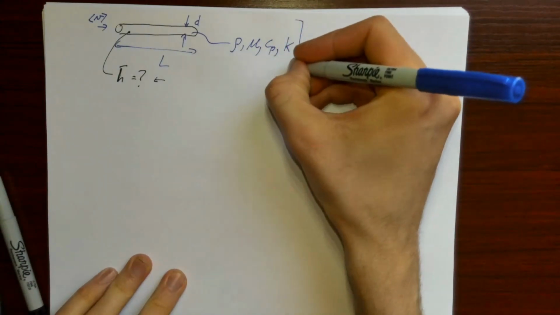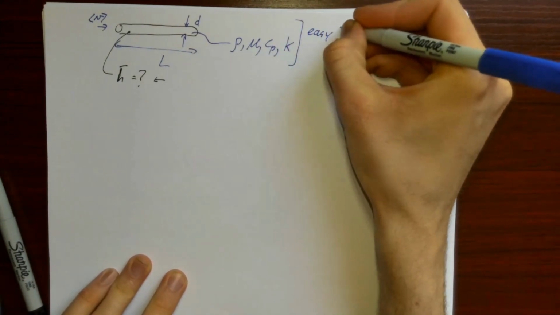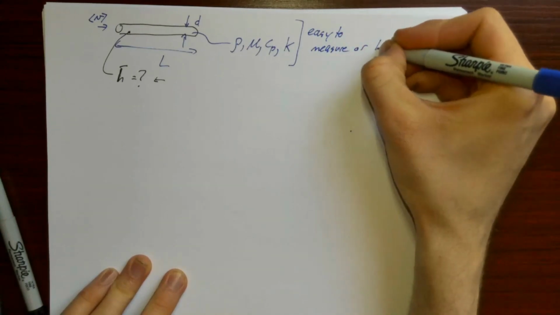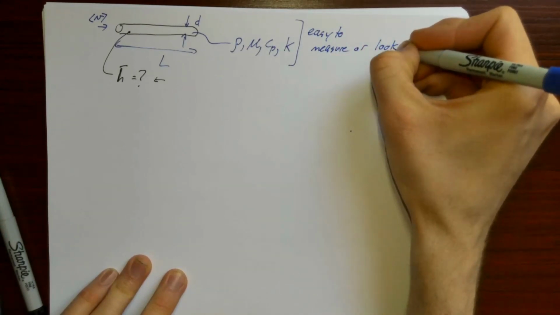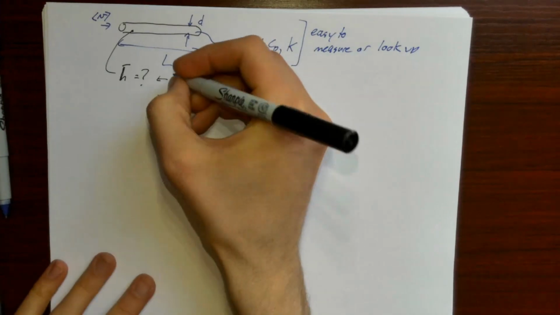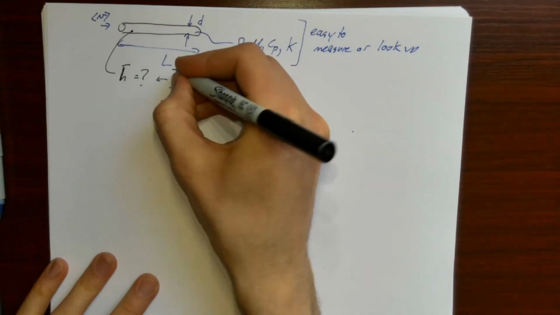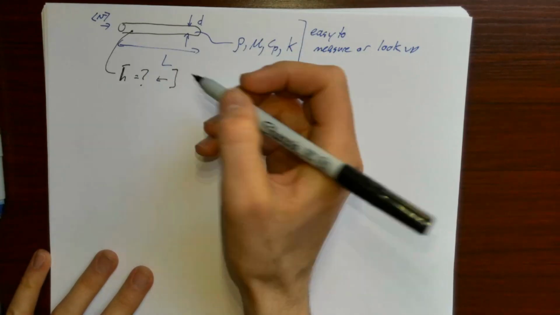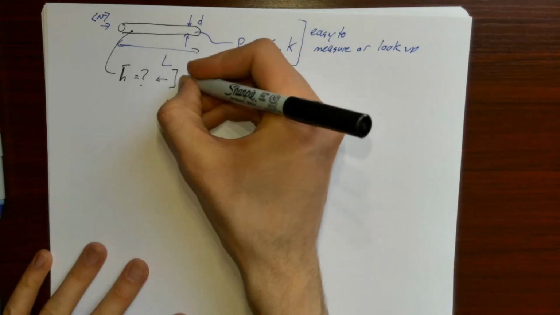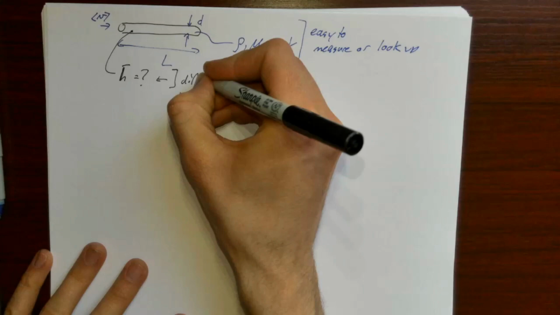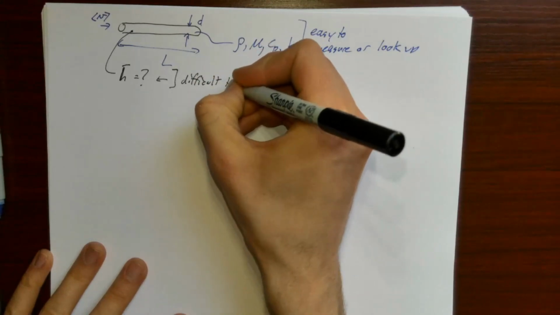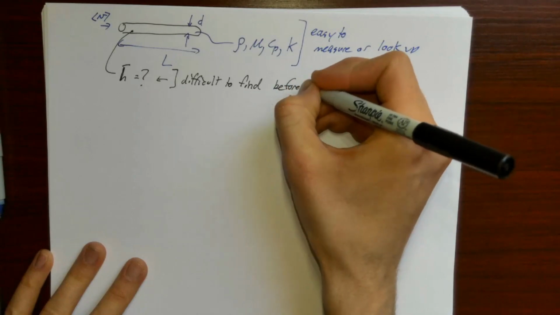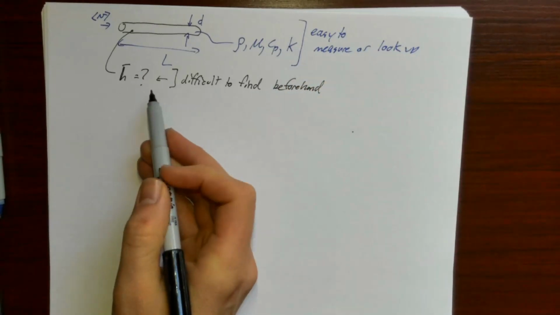So this is easy to measure or look up, and this is very problem specific, so you're not likely to just find this information just searching. So difficult to find beforehand.